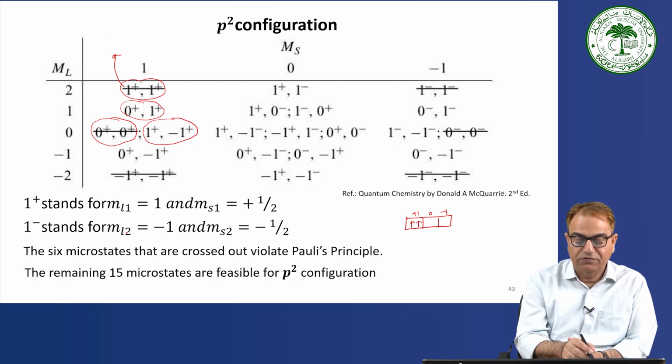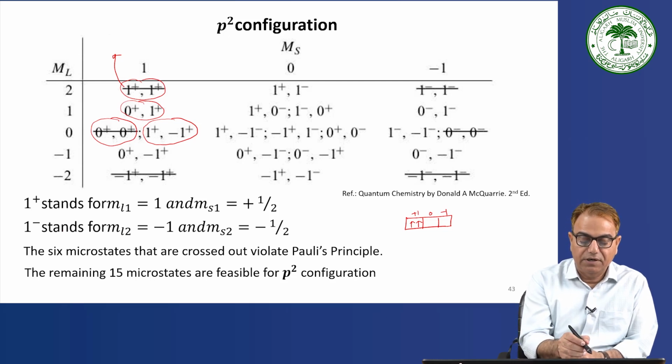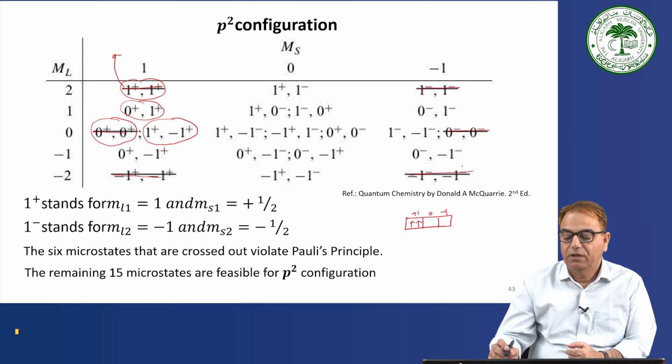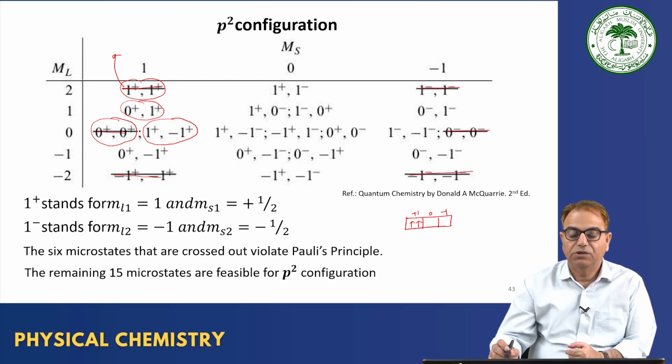And 1 minus stands for ML2 equal to 1 and MS2 equal to -half. These symbols are given, and thereafter all the configurations which are crossed are not feasible by Pauli's principle. What remains uncrossed?